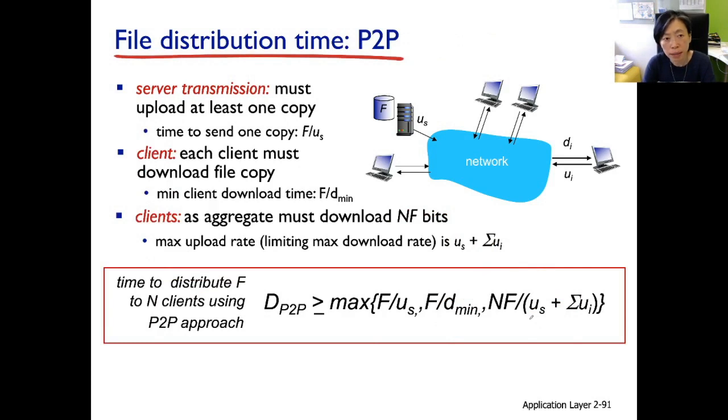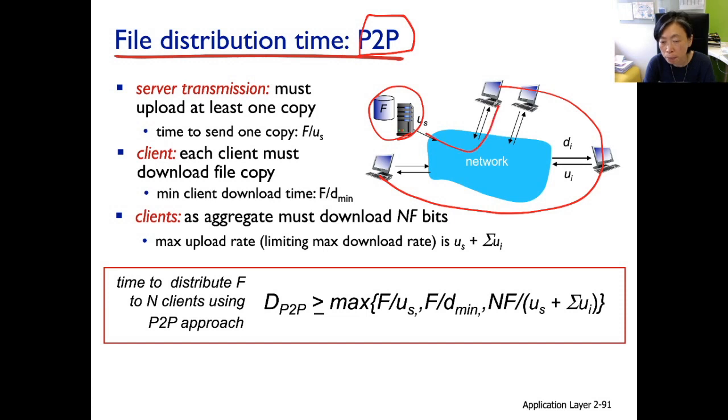Now the same calculation of file distribution time, but this time in the P2P model. This is one of the peers, and each one of these users is also one of the peers. So they could be downloading a copy from the server, but they could also be uploading a copy for another peer.